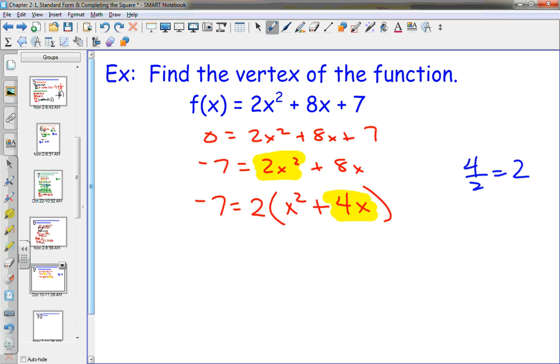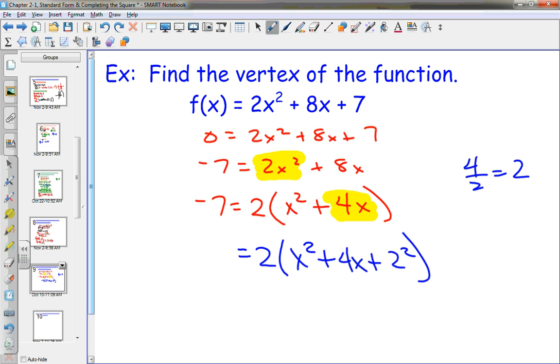Now what do I do? I need to square that value and add it to both sides. But I have a problem because I have parentheses on the right-hand side, don't I? Which means I am going to add that inside the parentheses. So can you tell me how much I actually added on the right-hand side? Did I add just 2 squared?